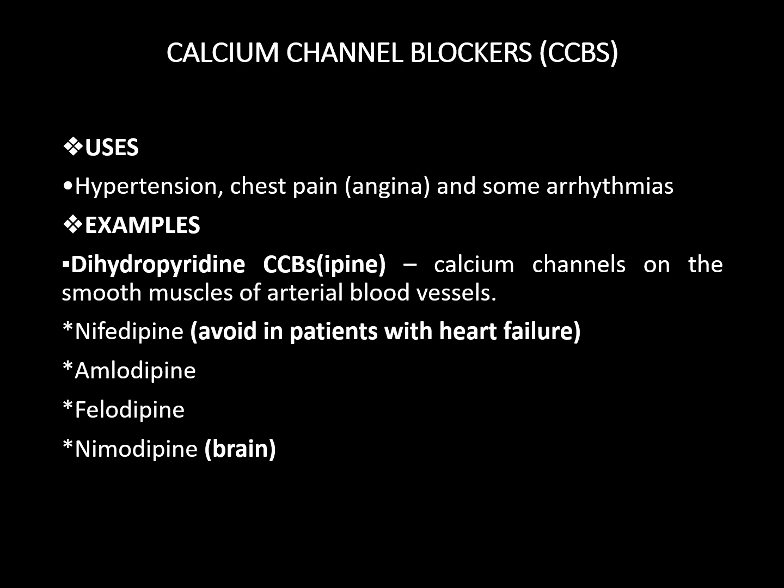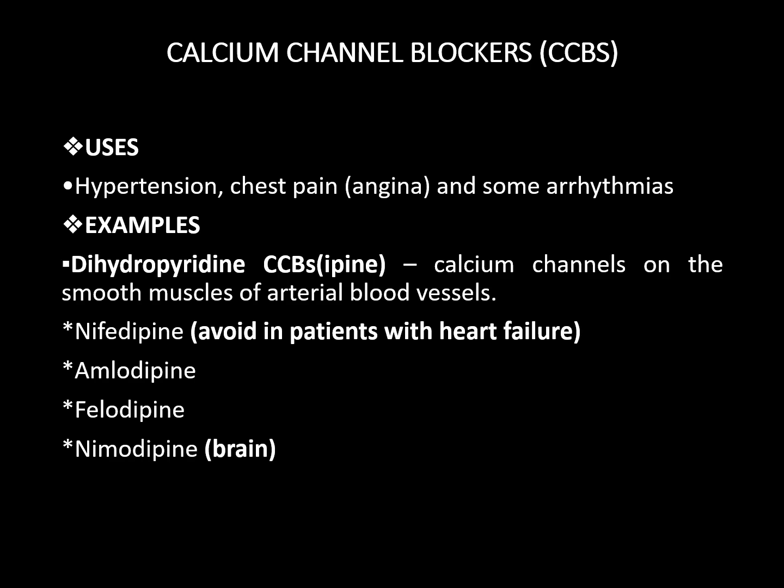This subgroup focuses on the smooth muscles of the arterial blood vessels, and that's the work of vasodilation. An example is nifedipine, but nifedipine has a slight influence on the cardiac muscles, so it's usually avoided in patients with heart failure. Then we have amlodipine, felodipine, and the last one, nimodipine, which has an influence on the brain.